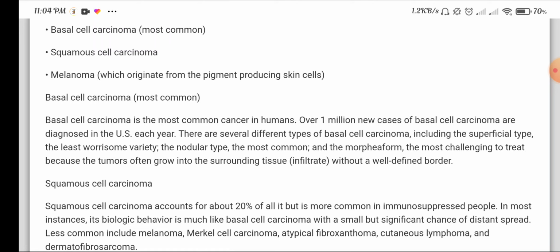Over 1 million new cases of basal cell carcinoma are diagnosed in the US each year.